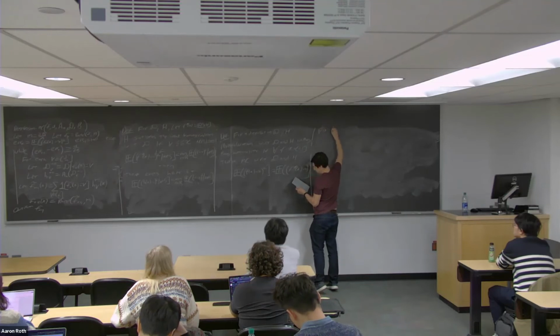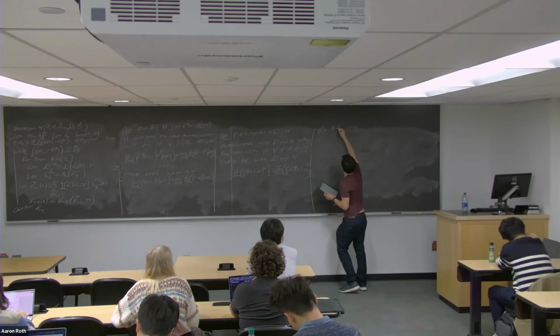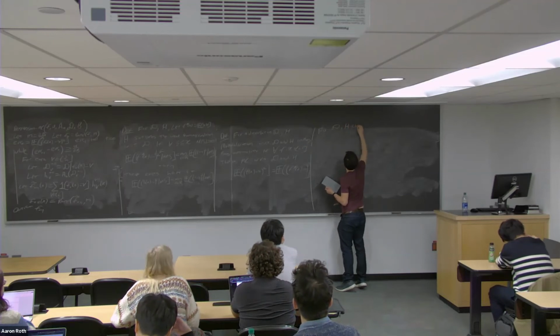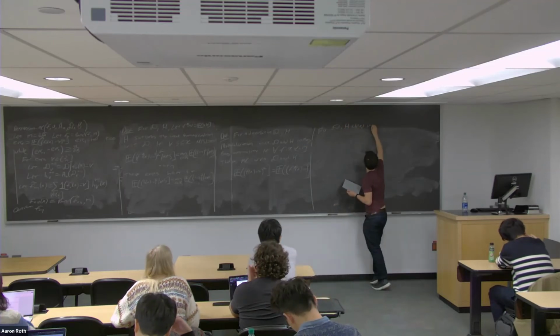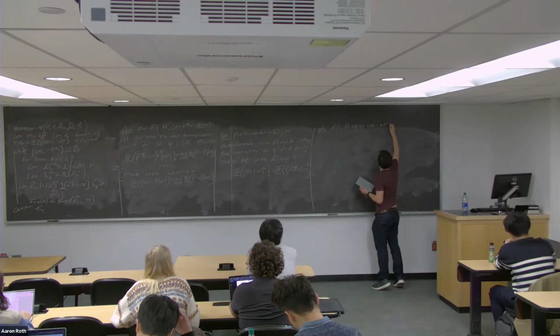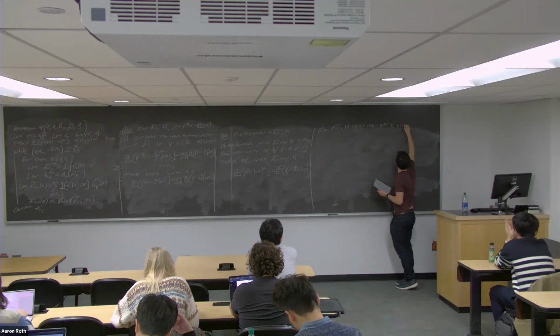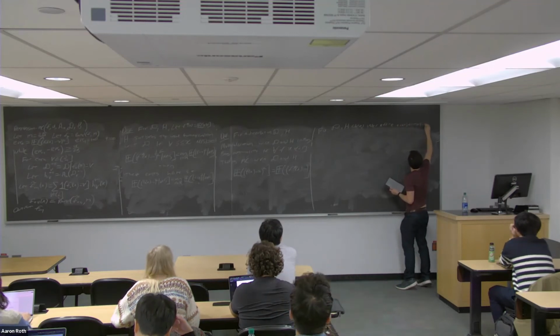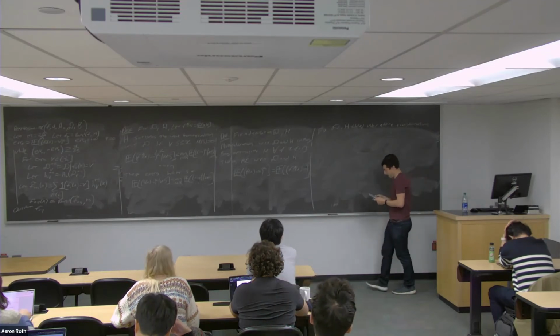Let's fix a distribution D and a class of functions H that is closed under affine transformations. Okay.